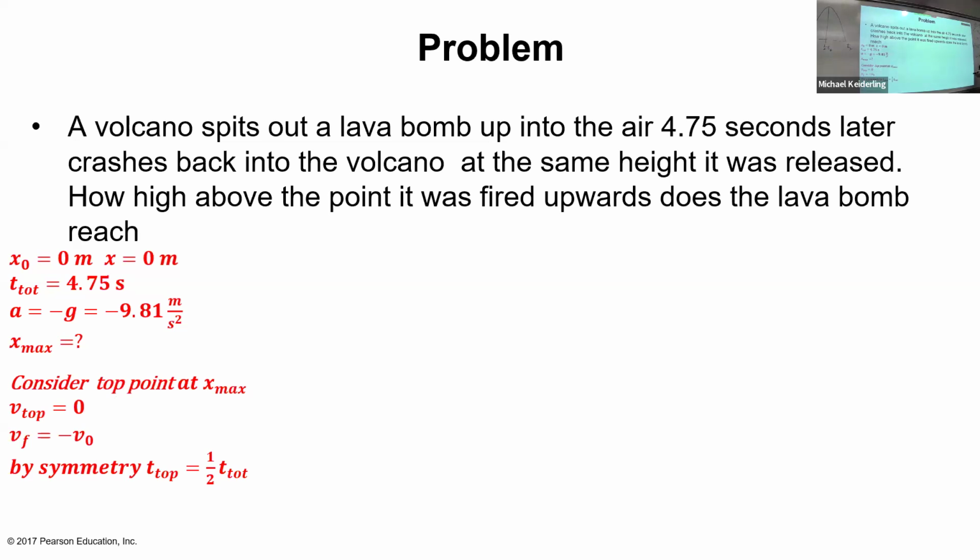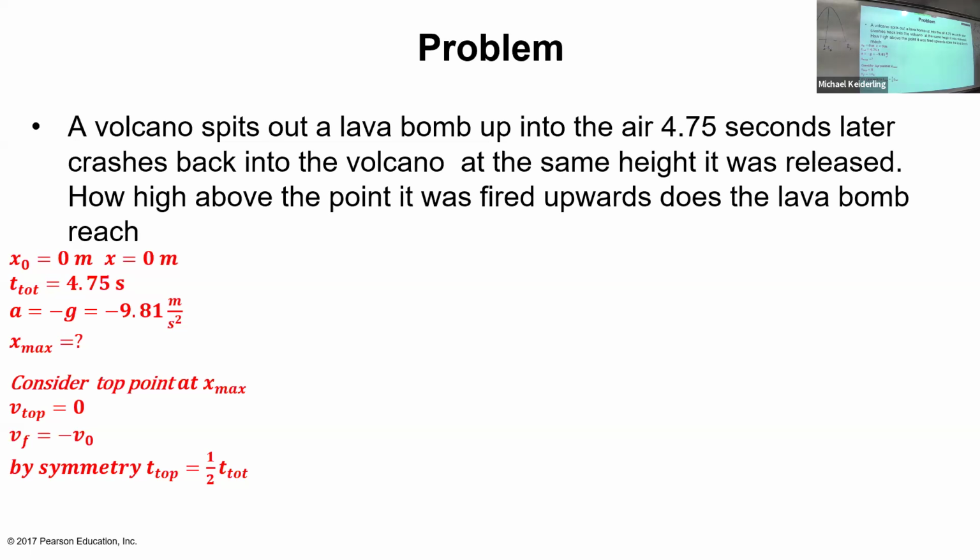And the final velocity equals minus the initial velocity, by symmetry or by using this equation: if delta x equals 0, final velocity squared equals initial velocity squared.